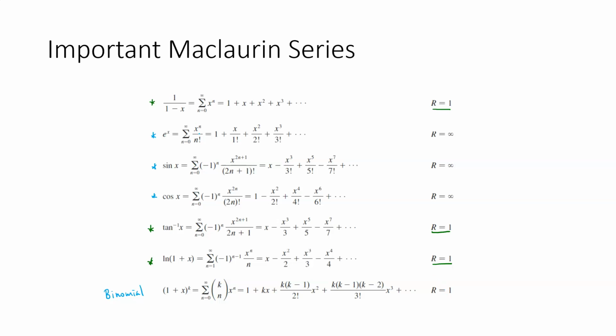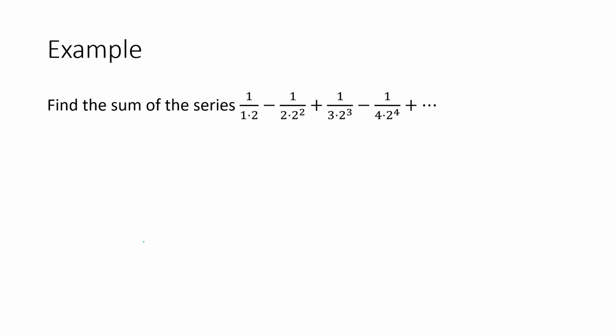So let's see what we can do with some of these known Taylor series, known Maclaurin series, in a way that might help us compute certain things that involve these series. For instance, suppose I want to find the sum of this series, 1 over 1 times 2 minus 1 over 2 times 2 squared, plus 1 over 3 times 2 cubed, minus 1 over 4 times 2 to the 4th, and so on.